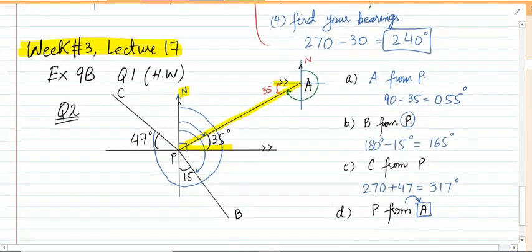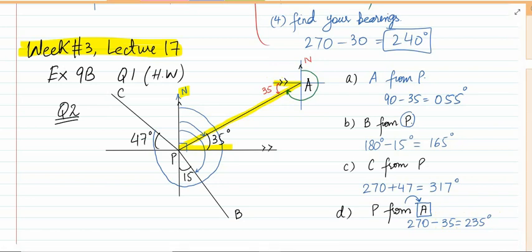And how are you going to find it? Let's see. Starting with the north, I am driving the car, right, and I have reached this point, means that I had covered an angle of 270. At this point I realized that I had covered an extra 35, so I need to subtract 35. So 270 minus 35, it's 235 degree. That is the answer of P from A, right?